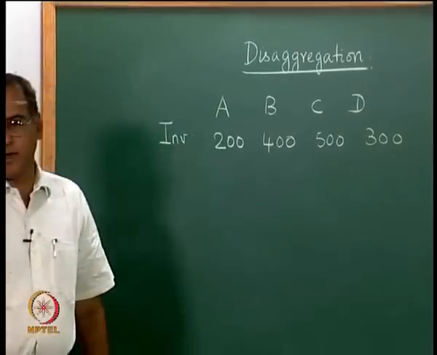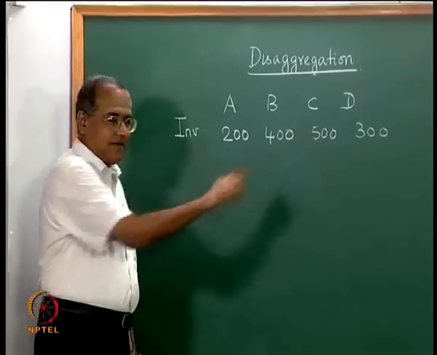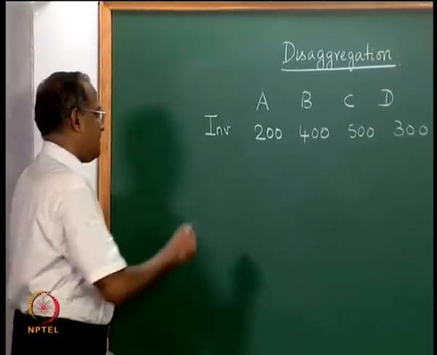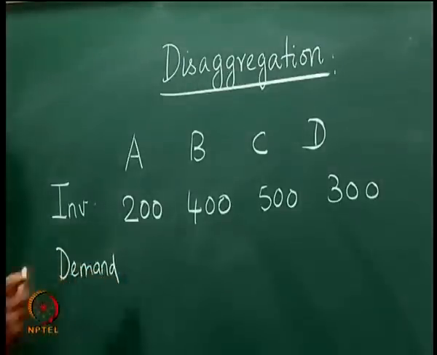So, these are the inventory positions that are available for the 4 products, and these inventories are given in man hours or person hours, and then there is a demand for these products.